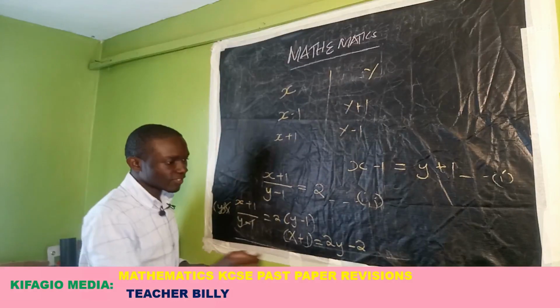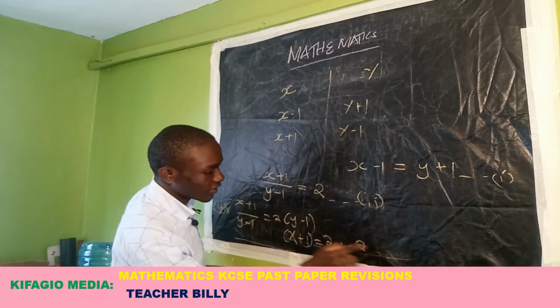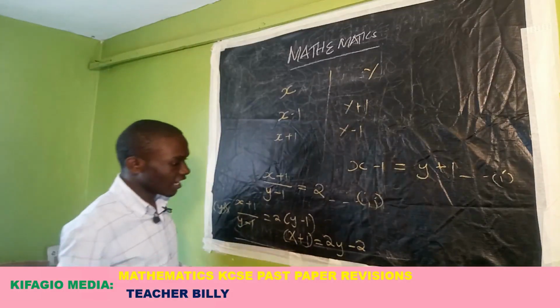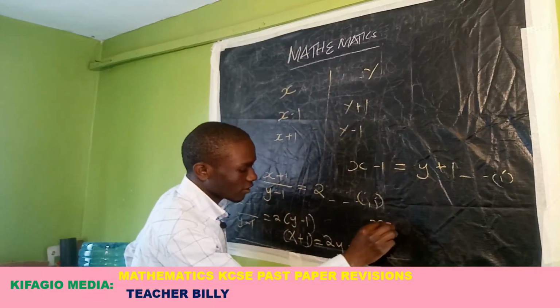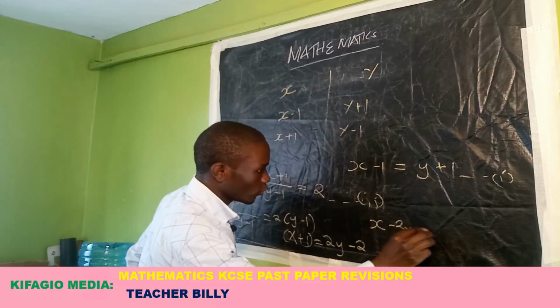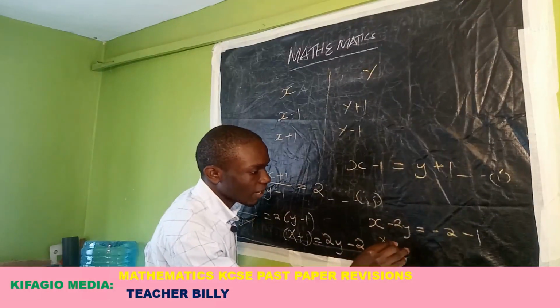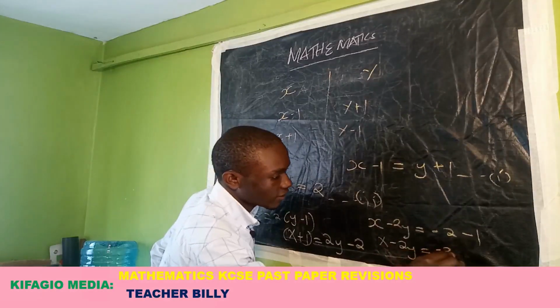And then collect like terms. Take this positive 1 to this other side and this 2Y to this other side, since these are terms and they have variables. So I'm having X minus 2Y is equal to minus 2 minus 1. So X minus 2Y is equal to minus 3.